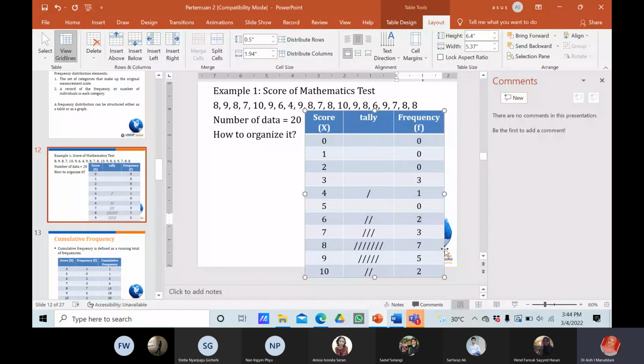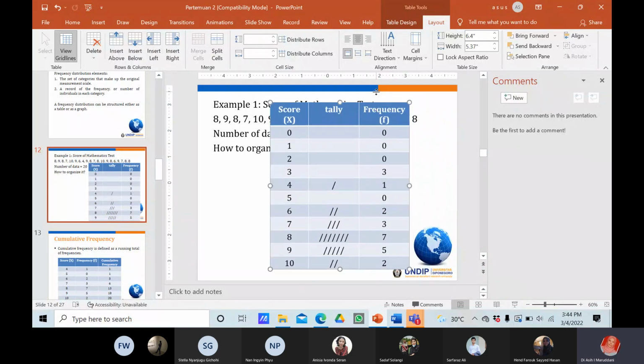With this table, can you understand the frequency distribution? Yes, very clear for me. Okay, Sarfaraz, do you understand the frequency distribution before we move to cumulative frequency?